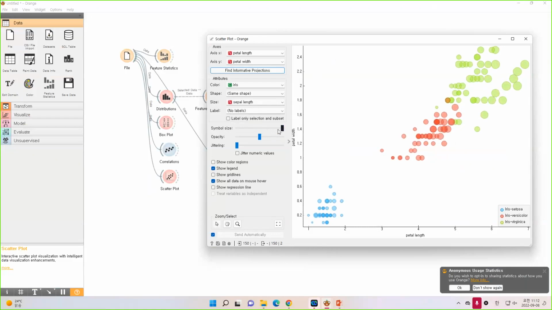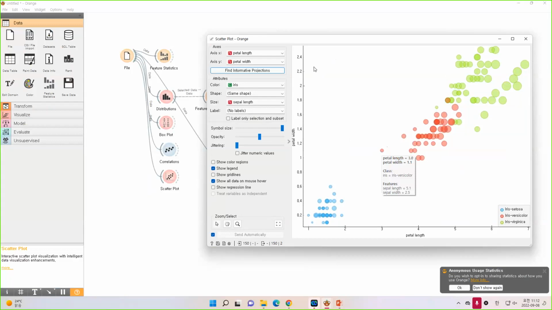So if you make the symbol size a little bit bigger, then you will see that this size is higher or bigger than this one. The bigger size means the bigger sepal length, and the small one means the small sepal length.